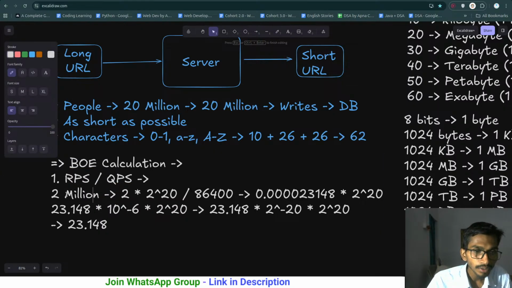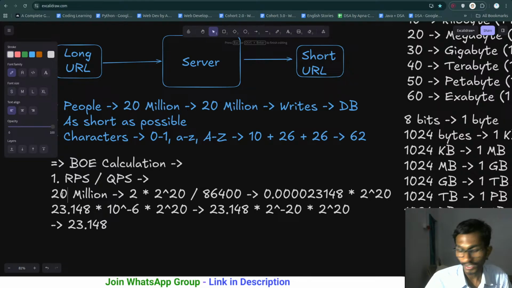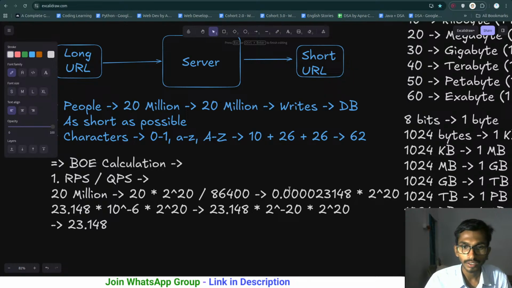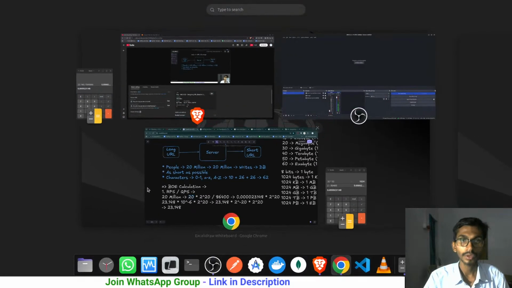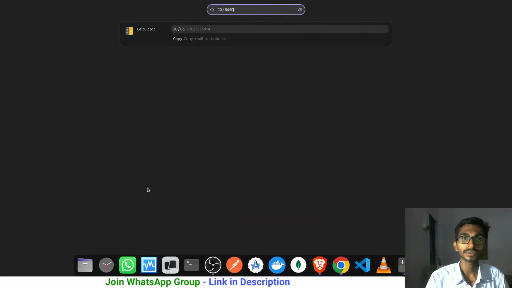So we had 2 million. With the 2 million, we had 20 million. That is what I was thinking. Why am I getting 23 only? So we had 20 million, since it's going to be 20 over here. Hence there's going to be one more 0 over here. Sorry, not one more 0. If we divide it now, how much will I be getting? 20 divided by 86400. There are going to be 3 zeros.